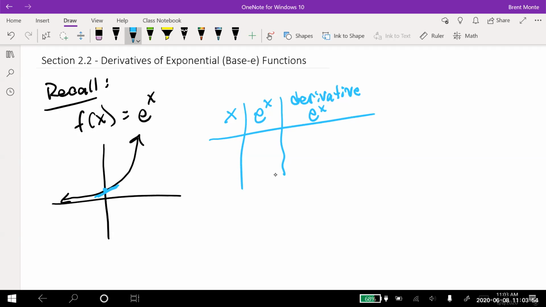If x equals 0, e to the 0, remember, is just 1. The derivative is the slope of the tangent line, and the slope of that tangent line right there is in fact 1. So the derivative happens to be exactly the same as e to the x itself.